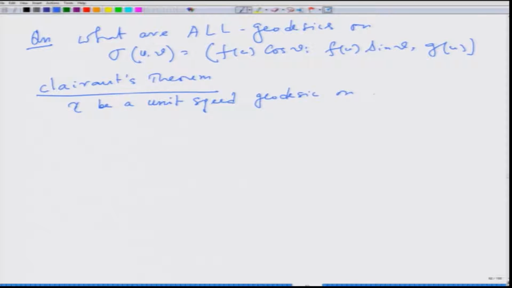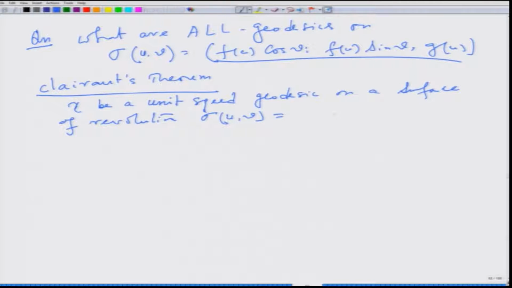On a surface of revolution, this is for surface of revolution only, okay. Equal to this fellow, with the assumption f(u) is greater than or equal to 0, which does not matter for Clairaut's theorem.